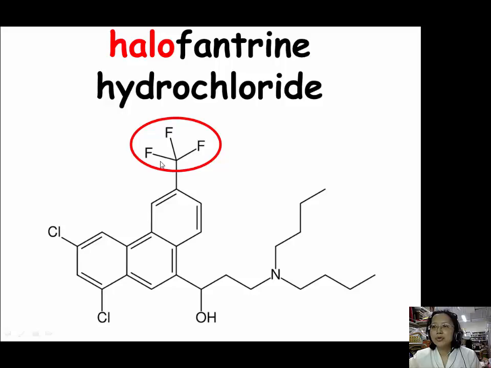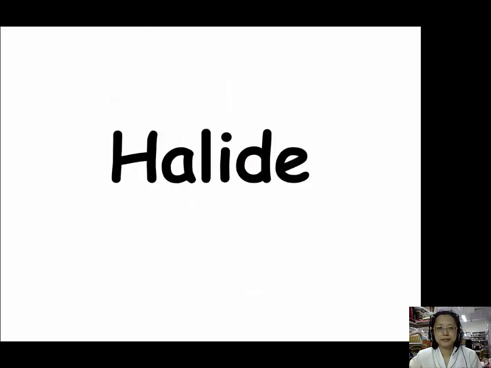Halofantrine hydrochloride is an anti-malarial used as the hydrochloride salt in the treatment of acute malaria due to Plasmodium falciparum and Plasmodium vivax, the malignant malaria. Let's review what we learned. For halide, we have the prefix halo and the suffix ane.